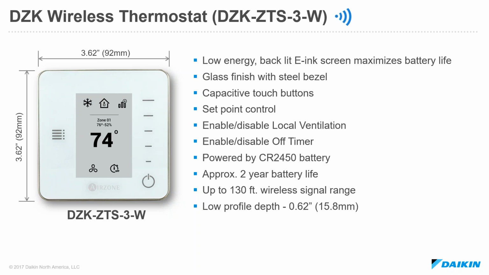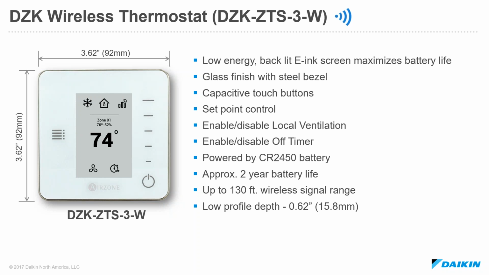But just be aware this can't be configured as the main thermostat. So the wireless thermostat is always a zone thermostat, and it's powered by a CR2450 battery. It's sort of that quarter-sized small battery that's included from the factory. And that battery, in combination with the e-ink screen, should have approximately 2 years of battery life.